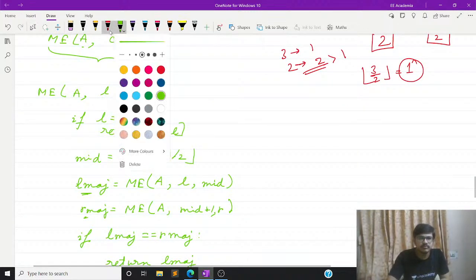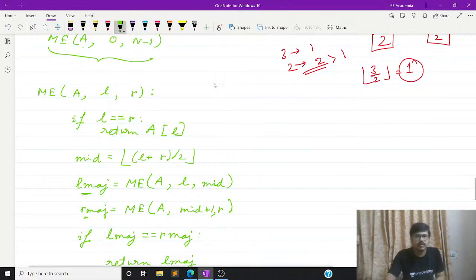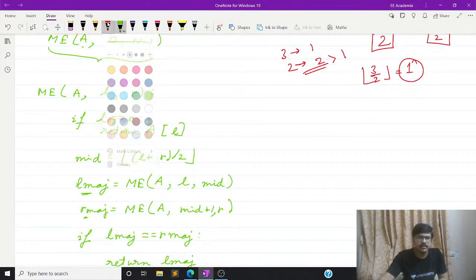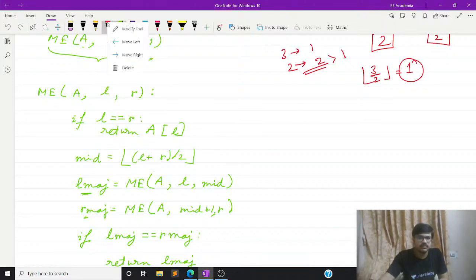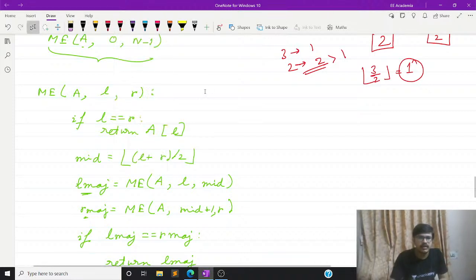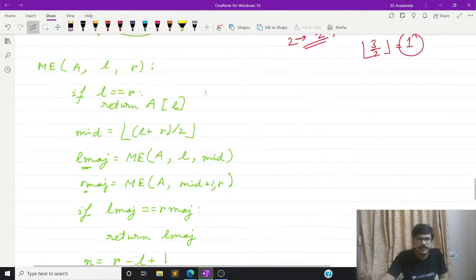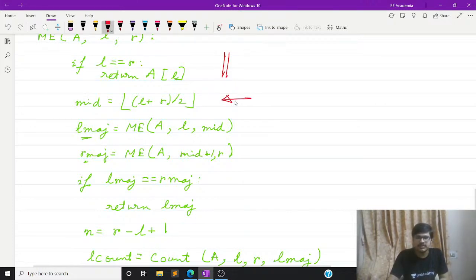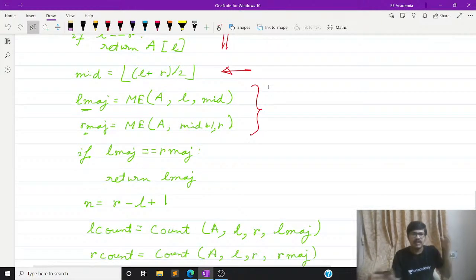So let's try to understand this once again. I can change the name. Let's make it this way. So what I did was, I first handle the base case of the algorithm. I divide this problem in two halves and recursively find the majority elements in both halves, the left half and the right half.